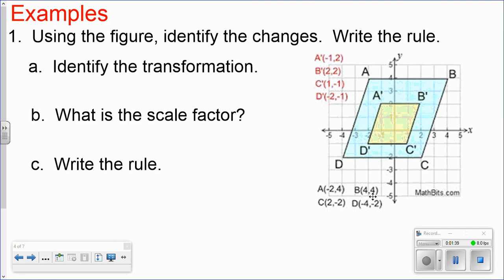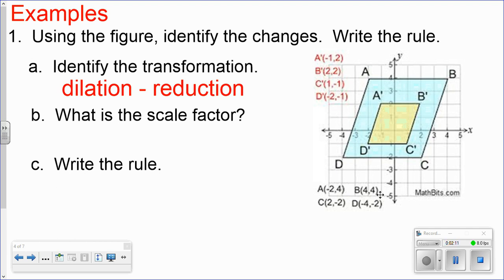So examples, using the figure, identify the changes and write the rule. Looking at this figure, you can see that the blue parallelogram is big, and then it goes to the gold one, which is smaller. So it's going from A to A prime, so it is a dilation, but it's a reduction. So what's the scale factor? Well, if I look at the original A, ordered pair, it goes from (-2, 4) to (-1, 2).